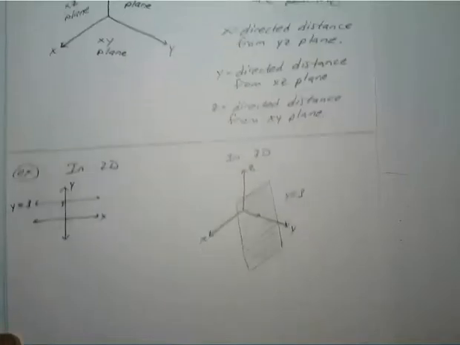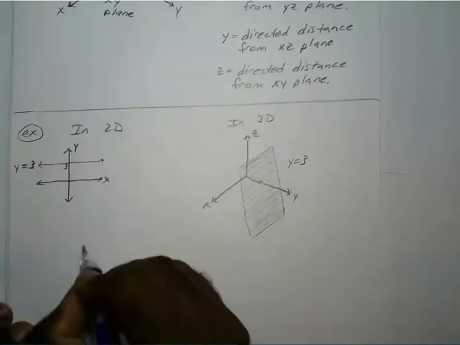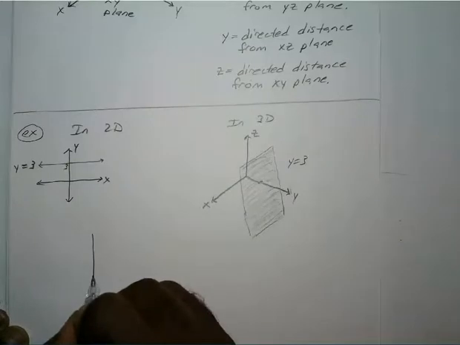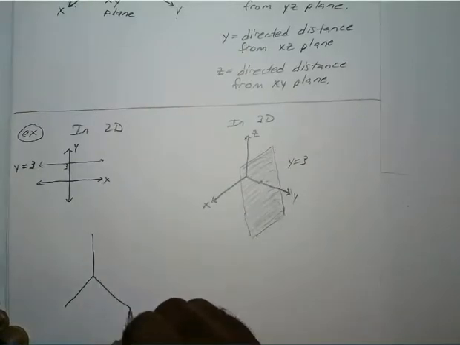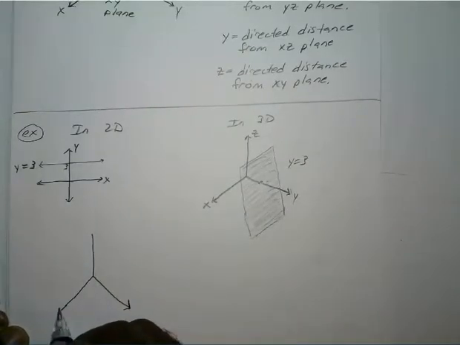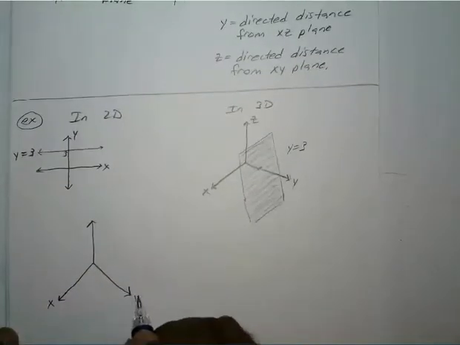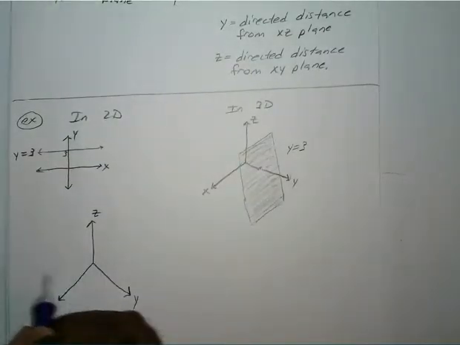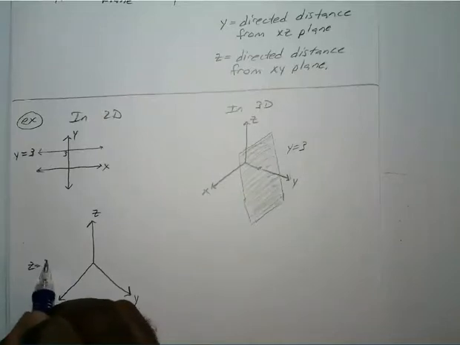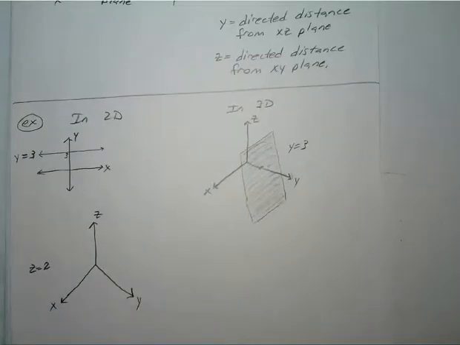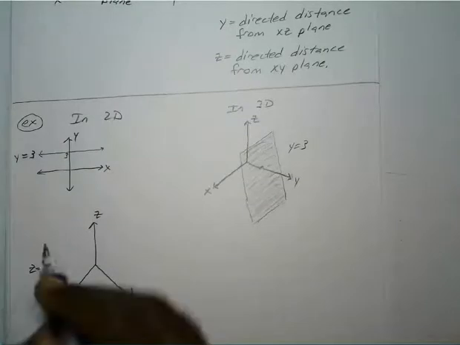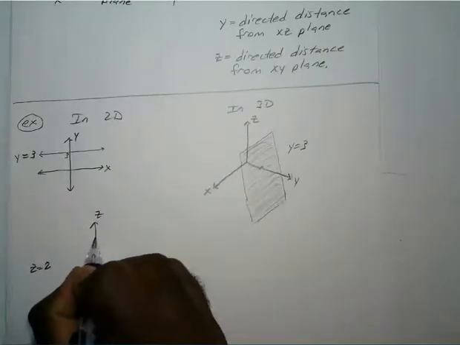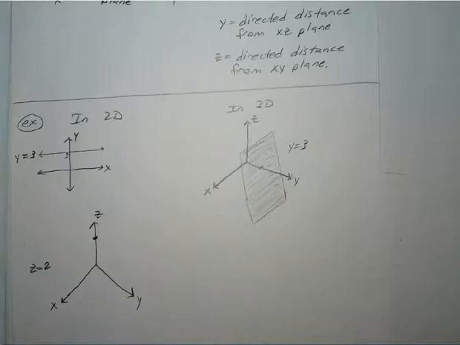Okay, so what if we had, again, in 3 dimensions, we have our X, our Y, and our Z. What if we wanted to graph Z equals 2? Okay, so if we have our Z equals 2, and let's say, just for the sake of argument, that this point right here is 2.